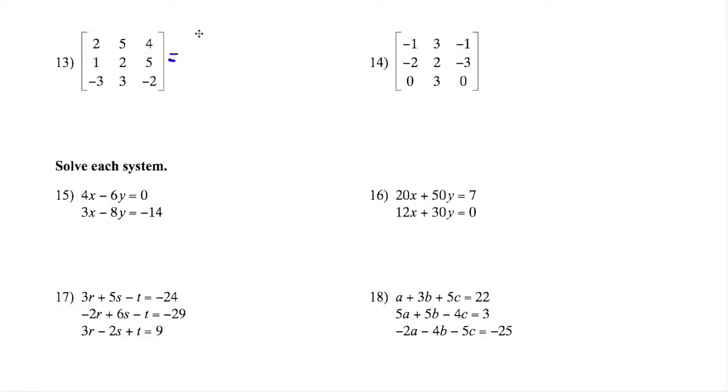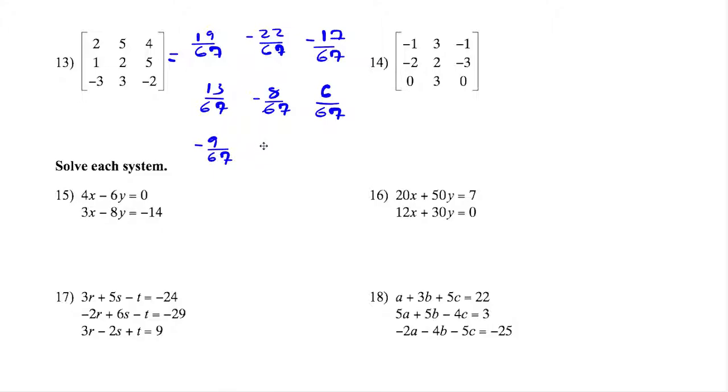So our calculator tells us this is 19 over 67, -22 over 67, -17 over 67, 13 over 67, -8 over 67, 6 over 67, -9 over 67, 21 over 67, and 1 over 67.